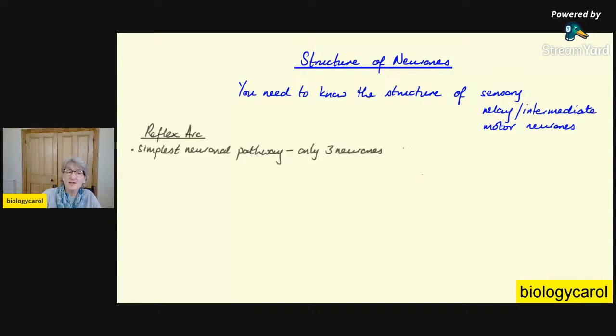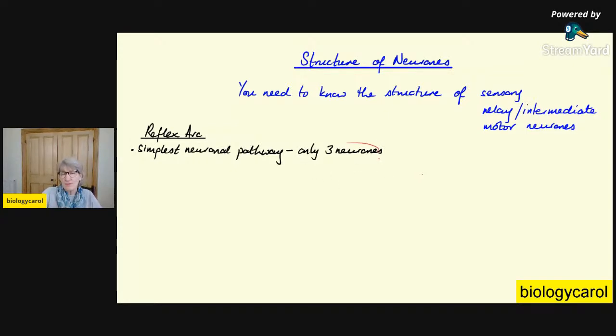And that is the reflex arc. So I'm going to teach the structure of the neurons in the context of the reflex arc, because at the end of this lesson, we're going to put our knowledge of the structure of neurons at A level into that simple reflex arc diagram, which I'm about to show you now.